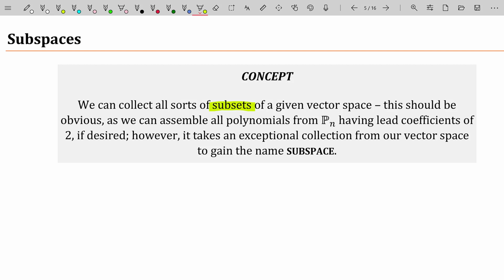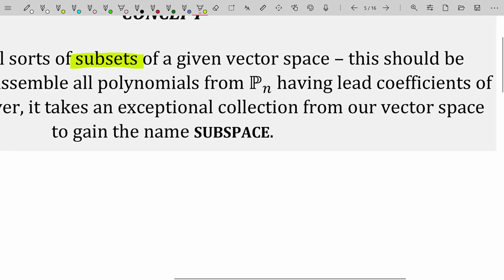We could collect all of those polynomials that have degree 2. That is a subset of that set of polynomials of degree n or less. However, it takes an exceptional collection from our vector space to gain the name subspace. And that's what we're focusing on here.